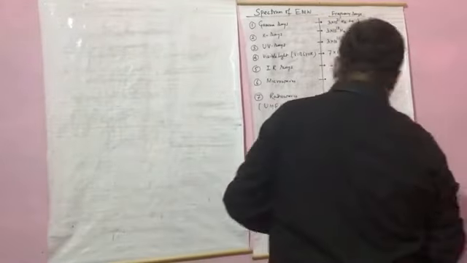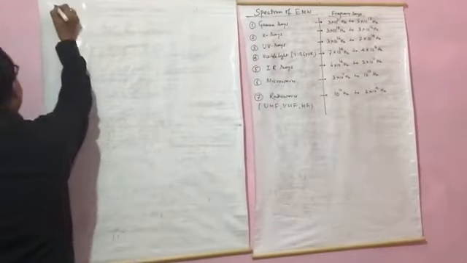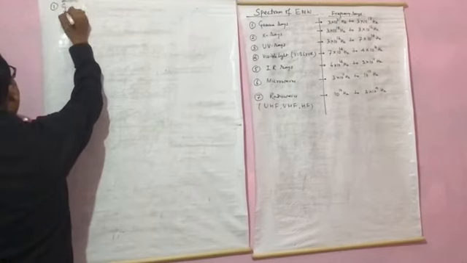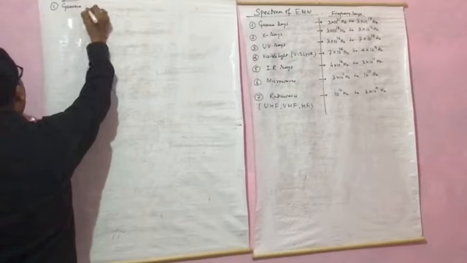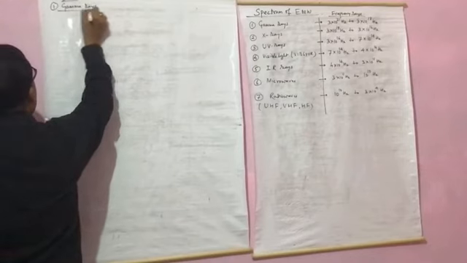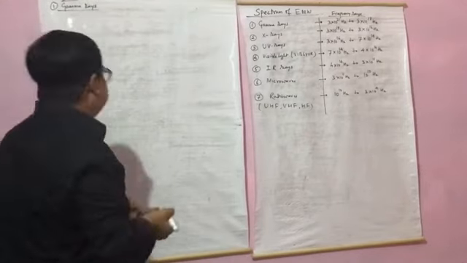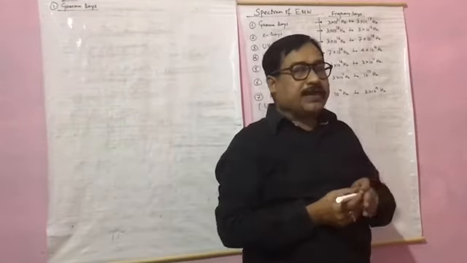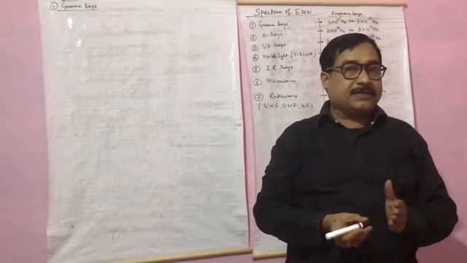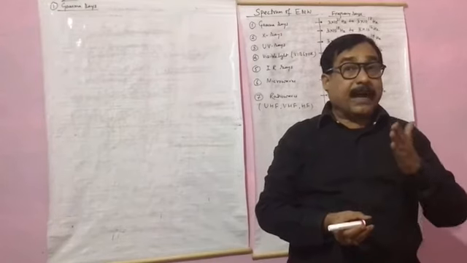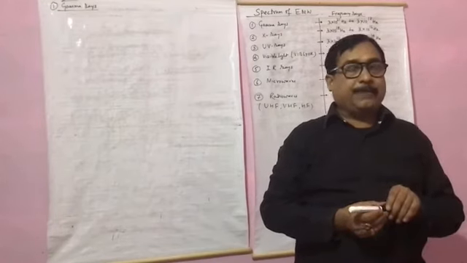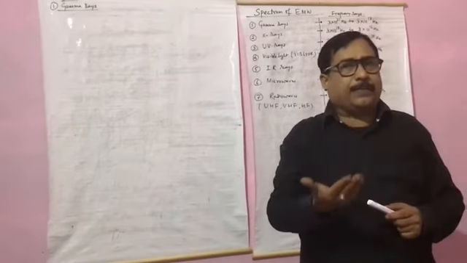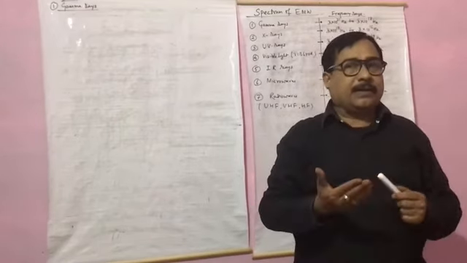Now come to the very first, gamma rays. Uses. Gamma rays are actually used in medical science as a gamma ray knife, and a very precise operation or surgery can be done by these gamma rays.